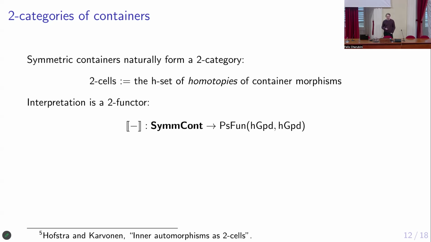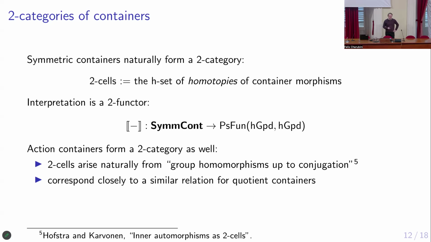And if you stare at the interpretation functor long enough, it actually forms a two functor from symmetric containers into pseudo functors. So everything is upgraded by one level, and you have to take care of two cells. And that's where the fun begins, I guess.